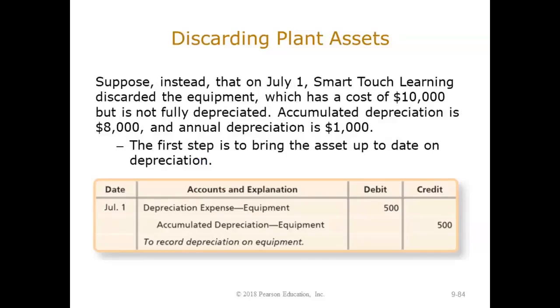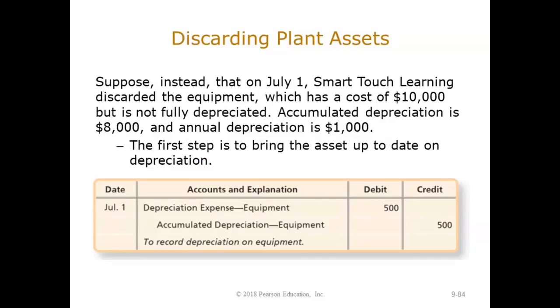Now, let's say we're actually going to sell the asset. In this case, we've got a cost of $10,000, but it's not fully depreciated. We've determined that the accumulated depreciation is $8,000, and the annual depreciation is $1,000.